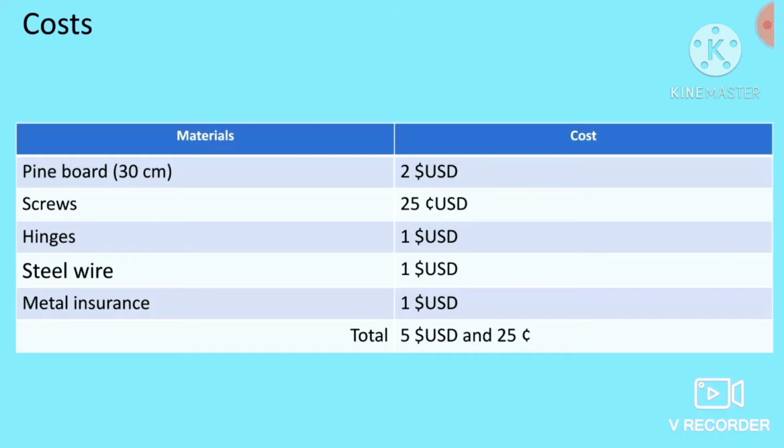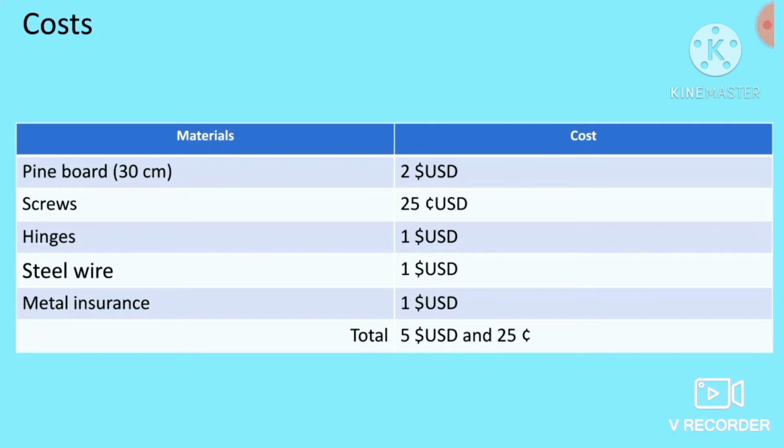The cost. The following materials were used to calculate the cost of each material. Material 1, paint board of 30 centimeters. Its cost was $2.